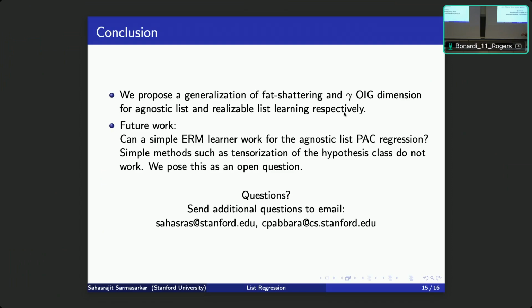For k equal to 1, if you want to do list learning, it will be given by gamma 1 fat shattering, for k equal to 2, it will be gamma 2, and like that. So it depends on those. I was wondering if there's a way to generically understand how gamma 2 fat shattering is a function of gamma 1 fat shattering, or gamma 3, but you show there are some infinite gaps. Yeah, we just show that there's an infinite gap. We don't have a formal bound saying that gamma 3 is at most this much more than gamma 2 and stuff like that.